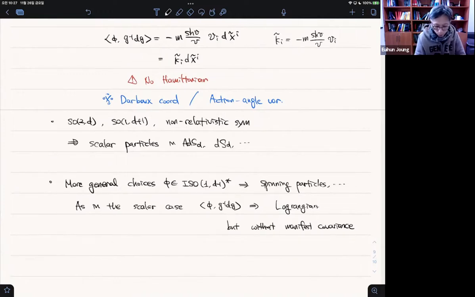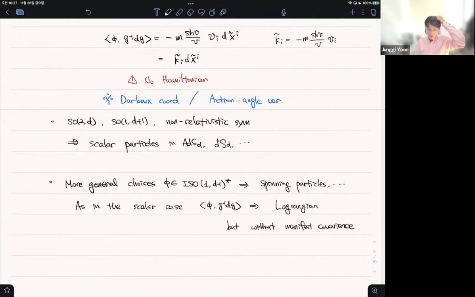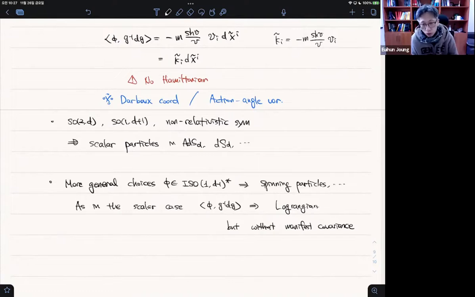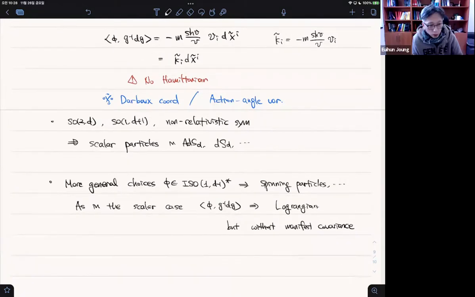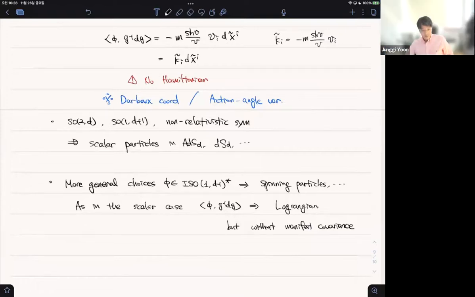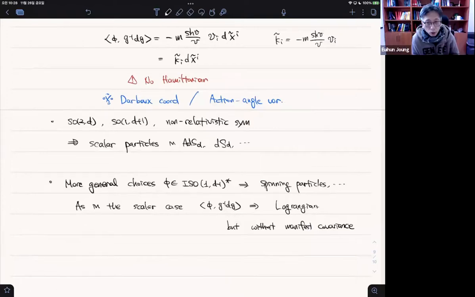So people already understood that the coadjoint orbit would give some good particle actions, and by taking a relatively proper choice of coordinate system, people tried to describe this spinning particle. But the limitation was that since it was not manifestly covariant, it was not easy to appreciate the result somehow.